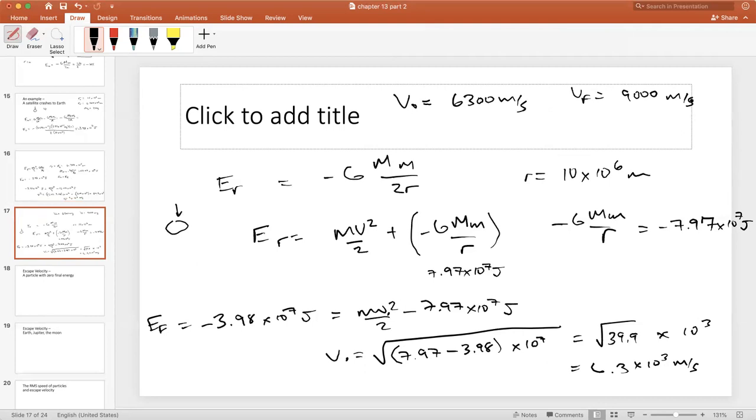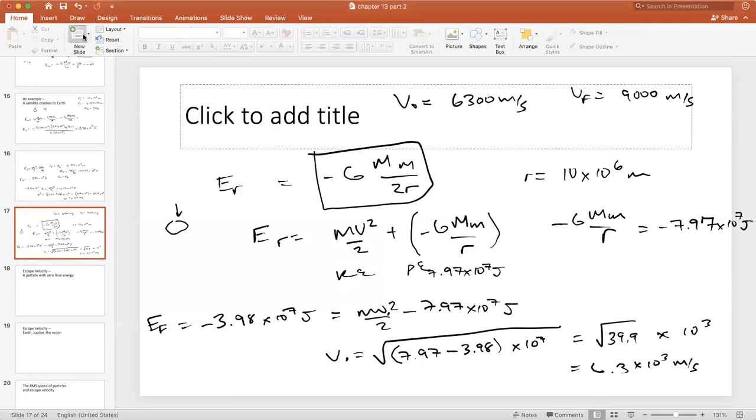But mainly this problem is just understanding how you can use the total energy at any time, separate that out into kinetic energy and potential energy, and do that at any time to solve for v squared. Not too hard. Let me write those on their own blank slide though.